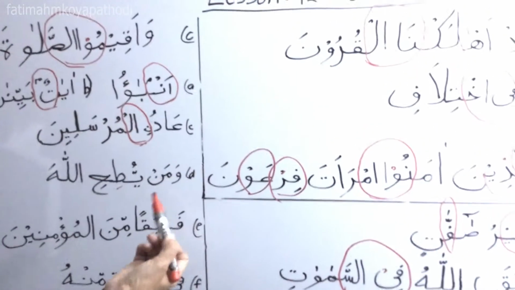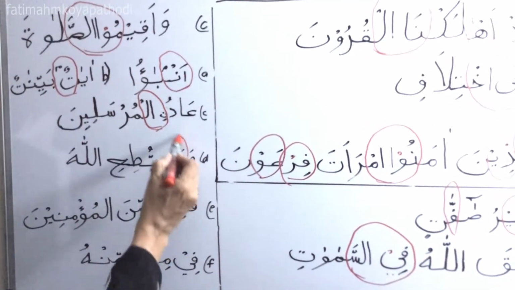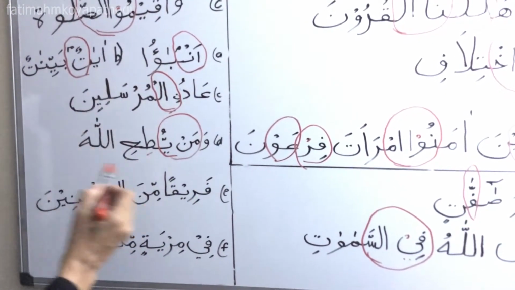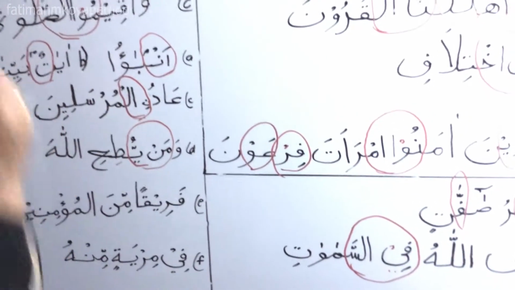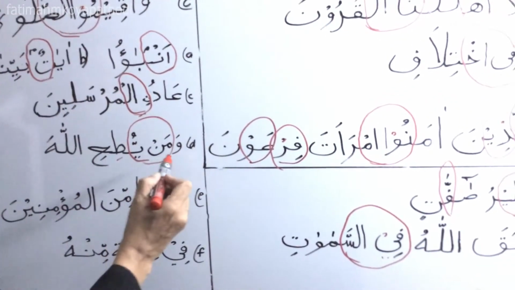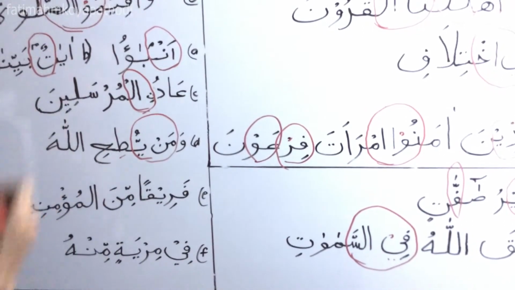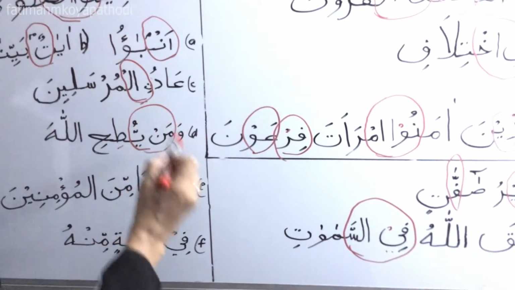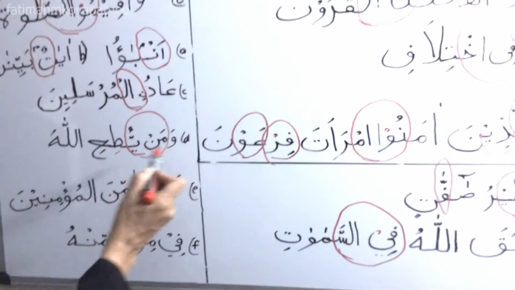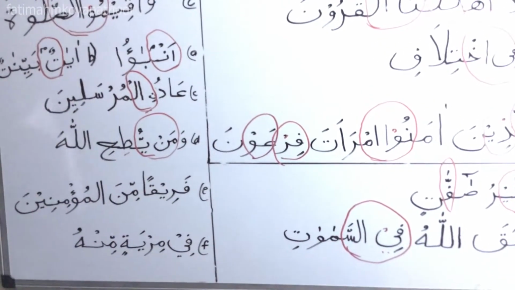The noon is not even sounded, mayu. So mayu is the rule here. Mayu, the noon is dropped. وَمَيُّتِيِ اللَّهَ.